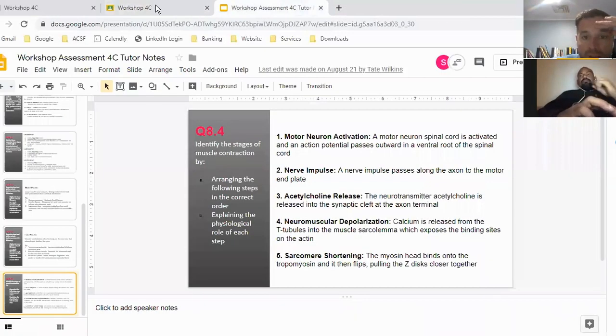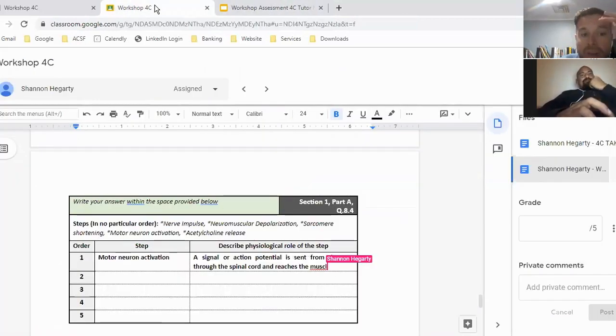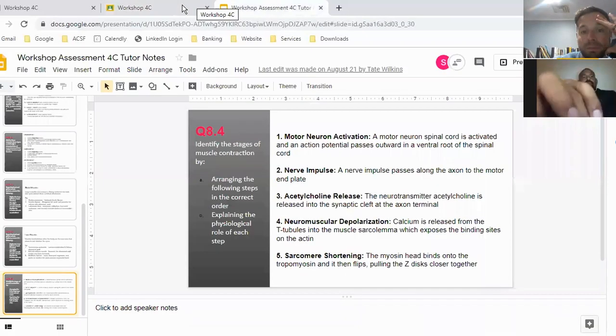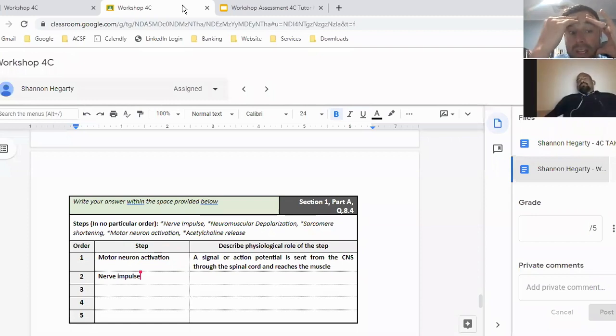Okay. So the second part is a nerve impulse. That's when the impulse runs through the nerve. So I would write the impulse travels.